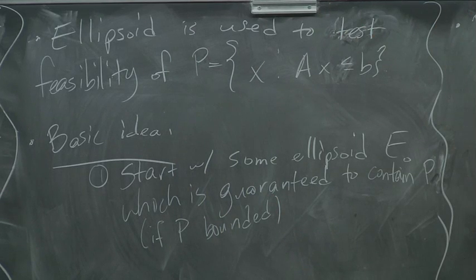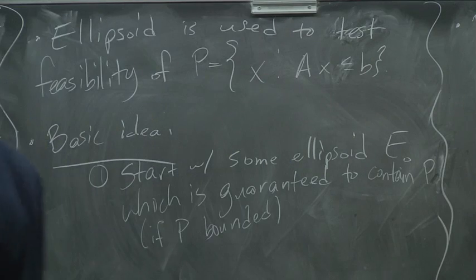So if P is a bounded polytope, then remember, I mentioned this very briefly last time, right?